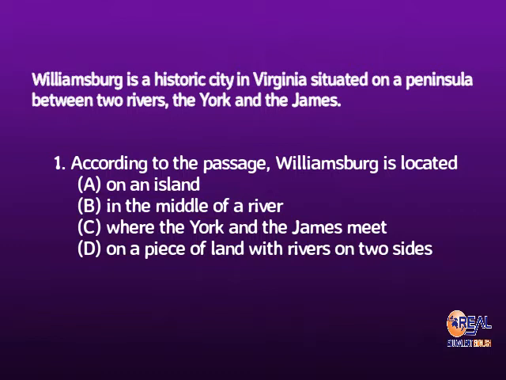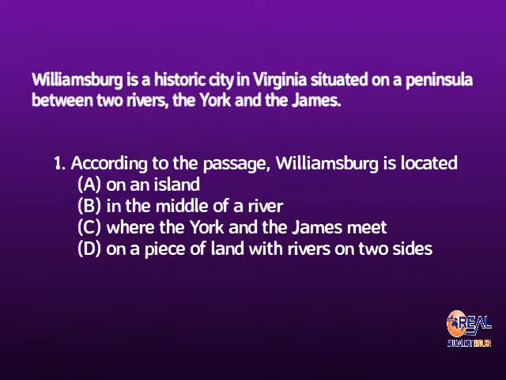Let's see. Williamsburg. We find the word Williamsburg for the first time in the first line. Williamsburg is a historic city in Virginia situated on a peninsula between two rivers, the York and the James. Oh, we find the words the York and the James. But we don't find any island or any idea about it.